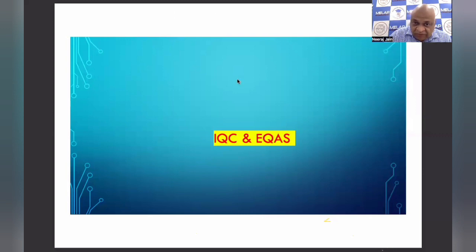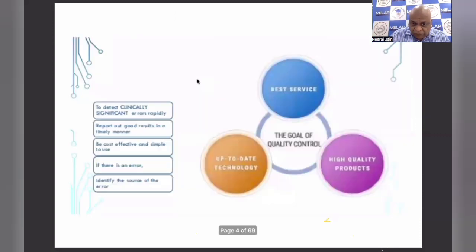With the IQC, we get precision. Variation is within the acceptable limit, whatever acceptability criteria we have derived. So what is the conclusion? We want to detect clinically significant error in our system so that our reports are good.